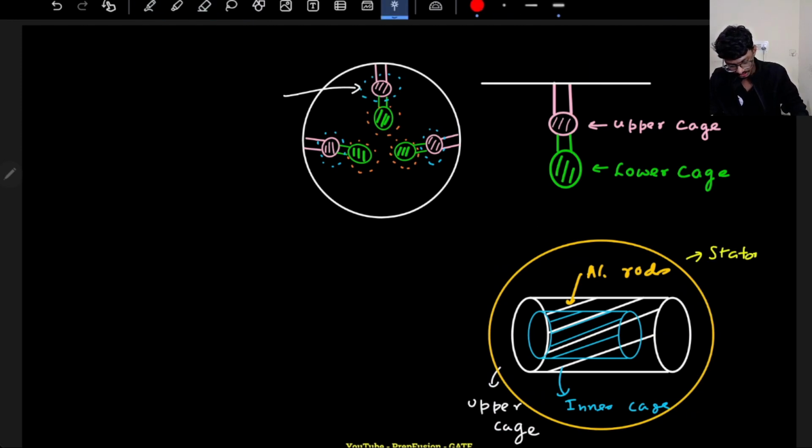So most of the flux generated in the upper cage will link the stator. So most of the current initially will flow through the upper cage due to AC, due to skin effect.